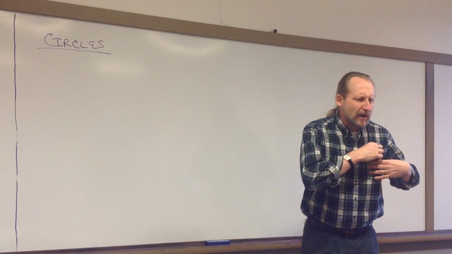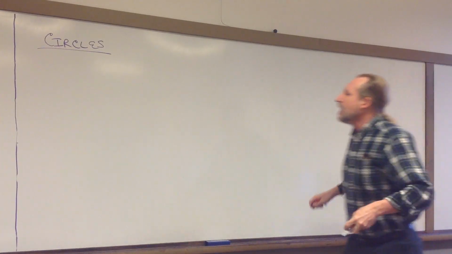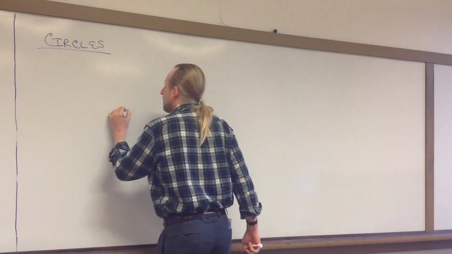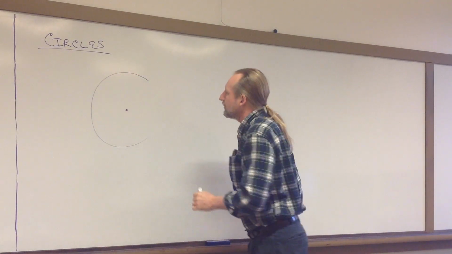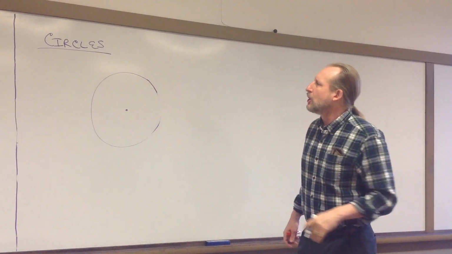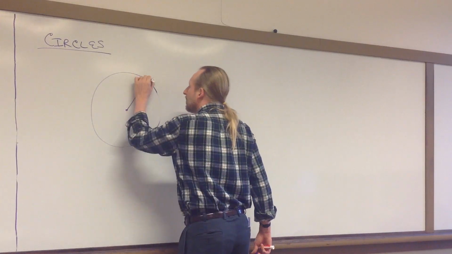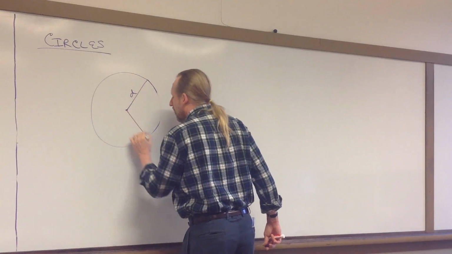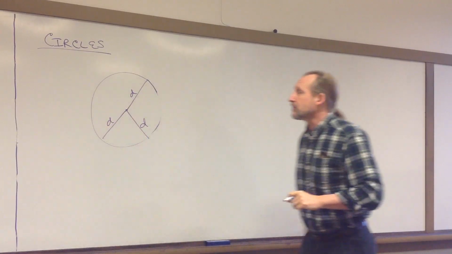Okay. So we're going to talk about circles today. And again, if you go back to the way that the Greeks conceptualized the circle, they used this term, a locus of points, a collection of points that are all equidistant from the same point, that being the center of the circle.